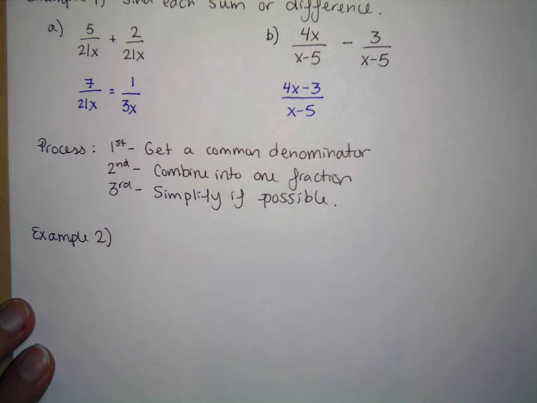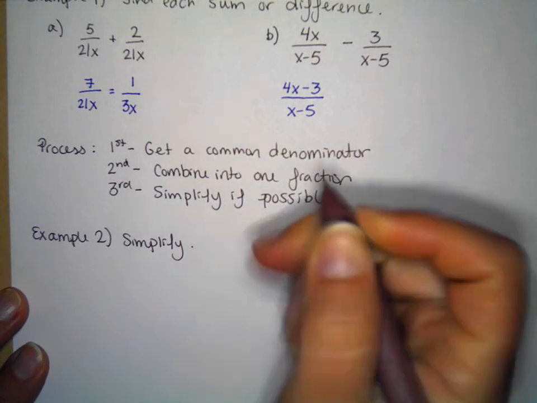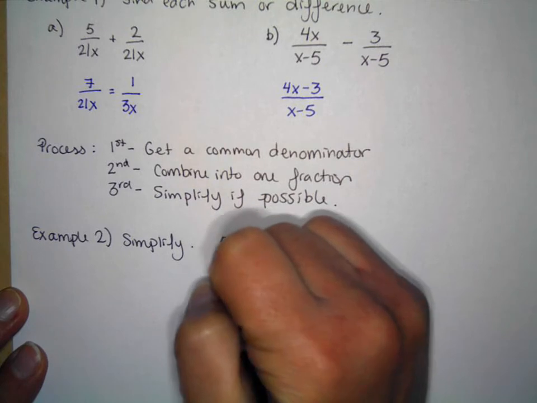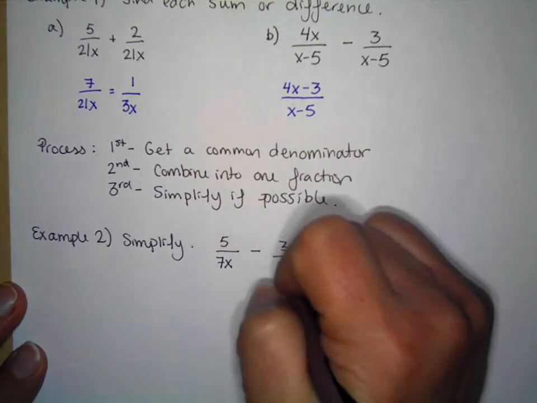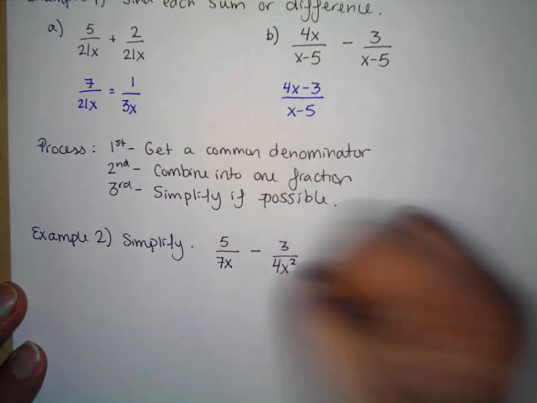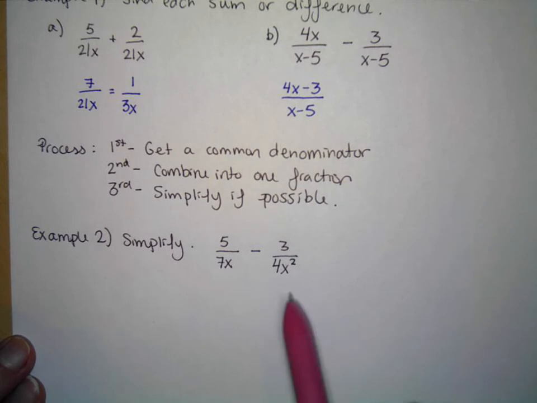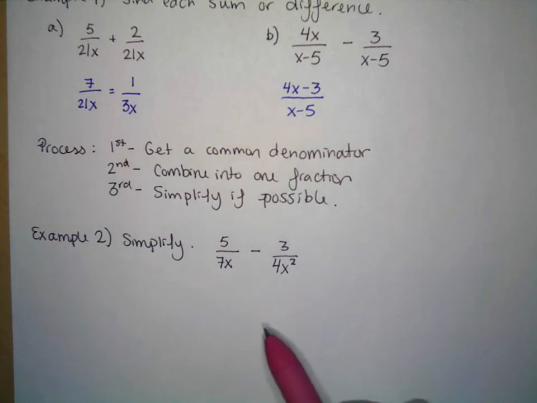So in example 2, we're going to simplify 5 over 7x minus 3 over 4x squared. Now notice, we don't have a common denominator, although you might recognize that they do have some parts in common.